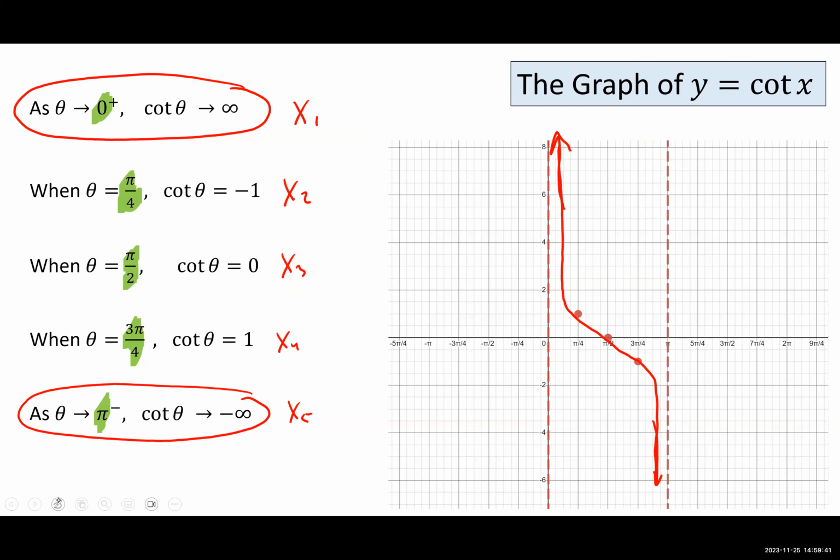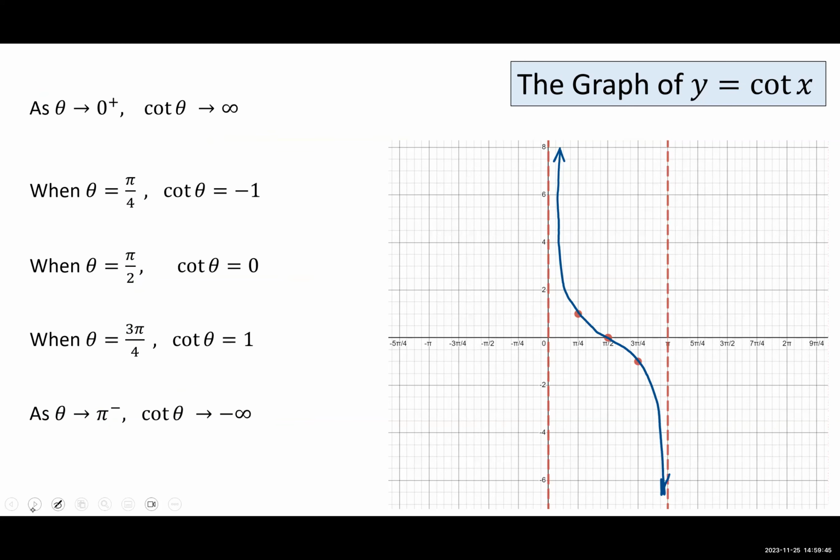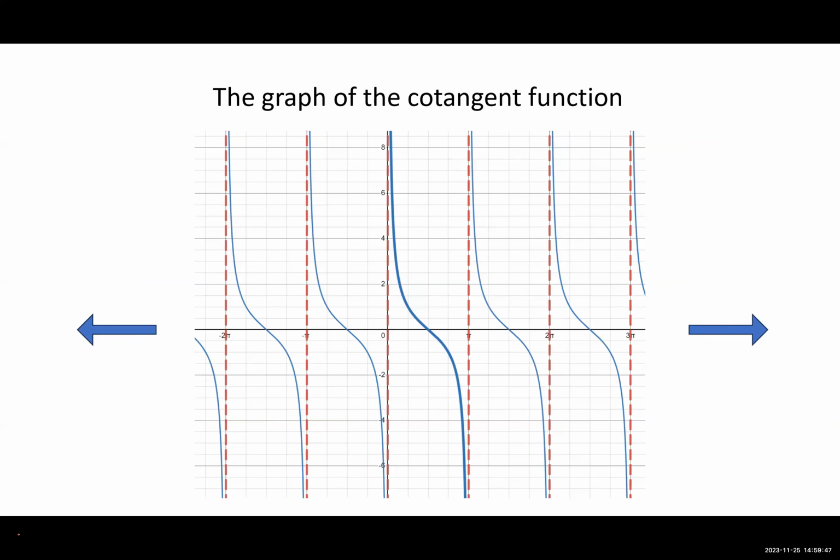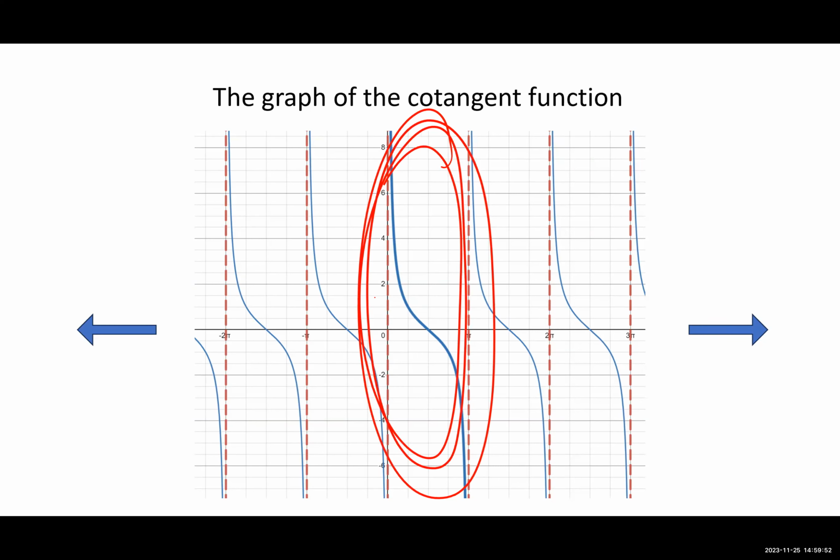Exactly the same way as we graph the tangent function. Right, we're going to look at one period. And if we need more periods, we just graph one, and then we copy it either to the left or to the right, depending on the problem. In this video, I'm just graphing one period.